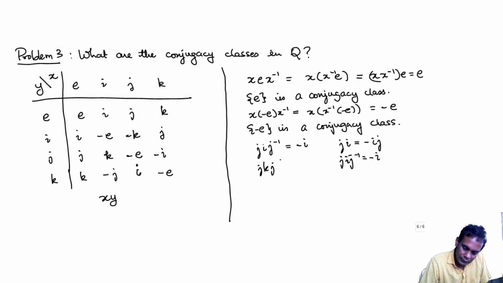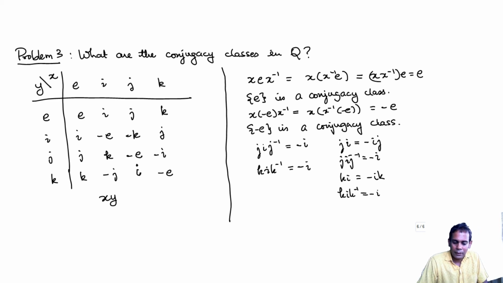Not J inverse. What I mean is, what about K inverse? K inverse. Well, with the same kind of reasoning, you would have Ki is equal to minus Ik, and so Ki inverse is equal to minus I. So this is also minus I. And what if, instead of J, you take minus J?